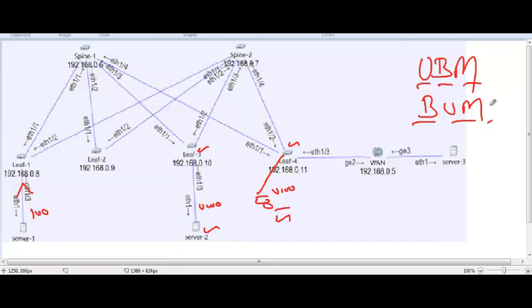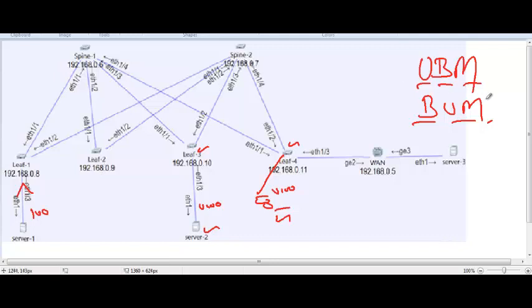But flooding with many duplications can be avoided by multicasting. So instead of sending the flooded packet as a unicast or as a broadcast, because if I send a broadcast, it will go even to leaf 2. That's not correct. There is no need to forward the packet to leaf 2 because in leaf 2 we don't have anyone to receive it. So using multicast is the best idea.